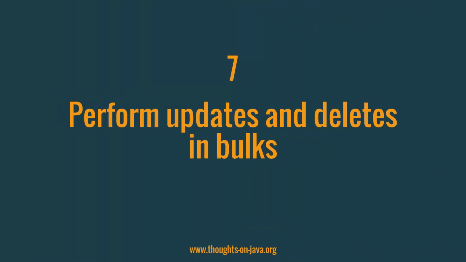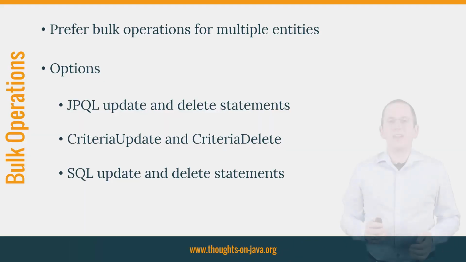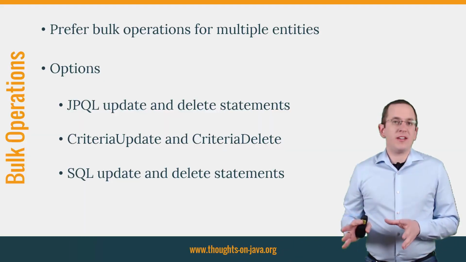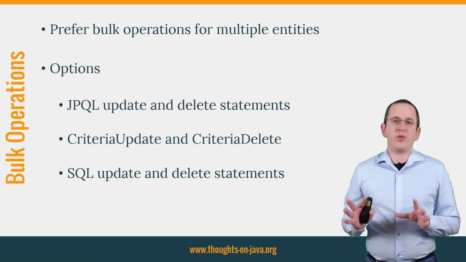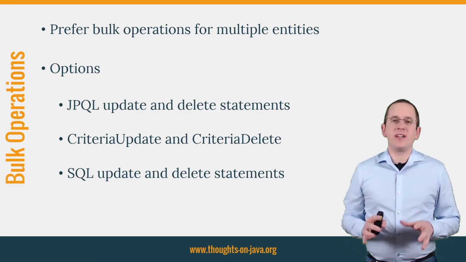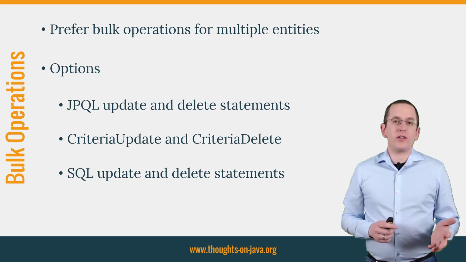Tip number 7. Perform updates and deletes in bulks. Updating or deleting one entity after the other feels quite natural in Java, but it is also very inefficient. Hibernate creates one SQL query for each entity that was updated or deleted.